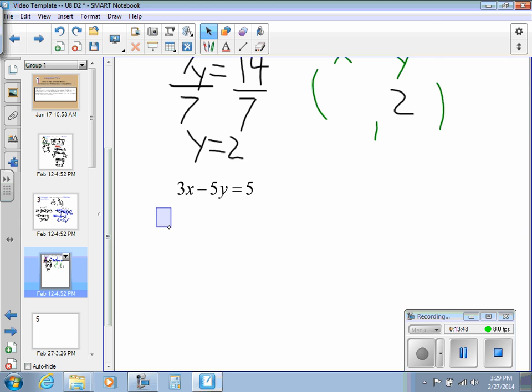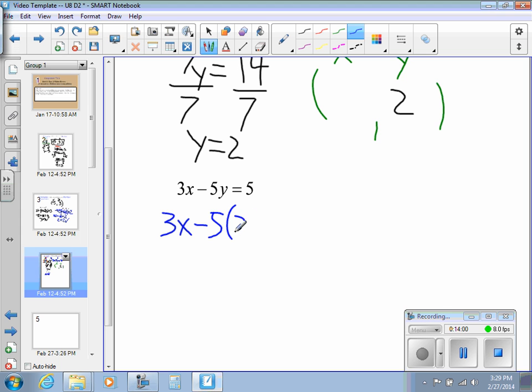So we have 3x minus 5 times 2 equals 5. You'll note that this is exactly the same from this point on down, exactly the same that we did with the substitution method. It's only the first portion of the problem that's different with elimination. So let's go ahead and solve this.